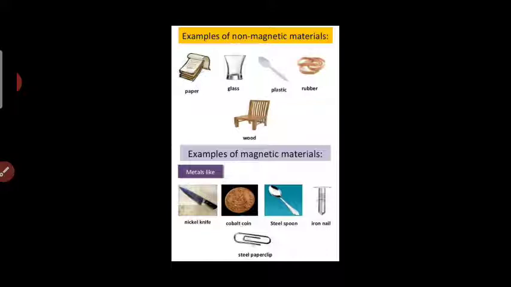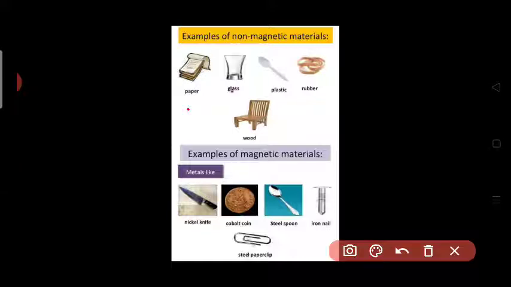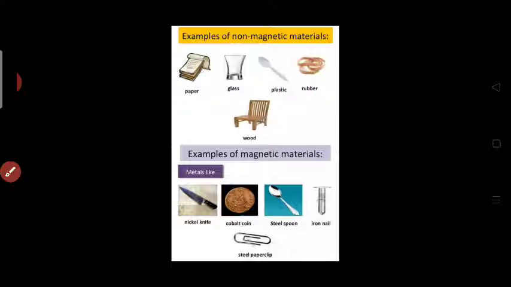Examples are given here: paper, glass, plastic, rubber, wood. Besides that, a few metals such as aluminium, gold, silver, and also all non-metals, and a few materials like rubber, coin, feather, etc. are not attracted by a magnet, and that's why they are called non-magnetic materials.